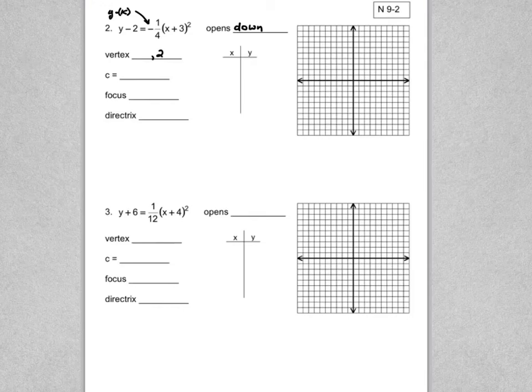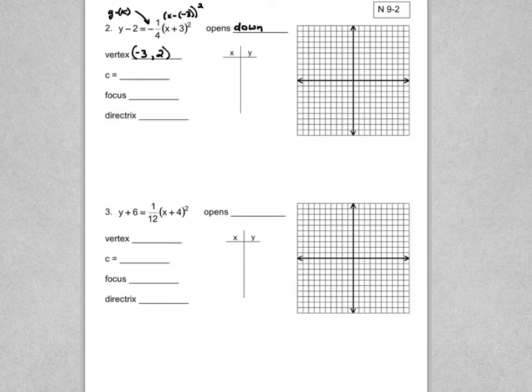That's the y value. And to get the plus 3, again it's x minus h, so the plus 3 is going to be x minus negative 3. So negative 3 is our h, and our vertex is (-3, 2). In this case, we feel like we're changing the sign of both the h and the k.